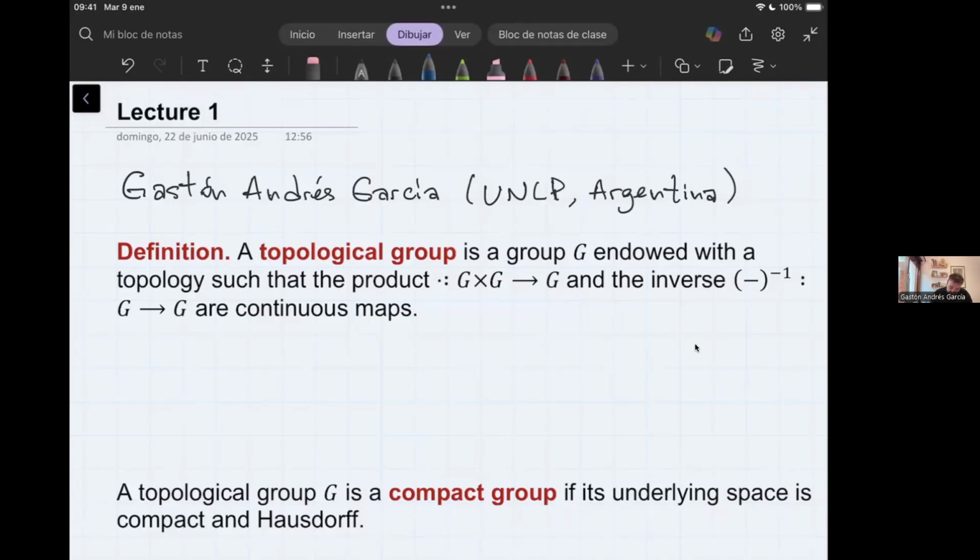So a continuous map between two topological spaces, say G and H, is continuous if the pre-image of any open set is open.